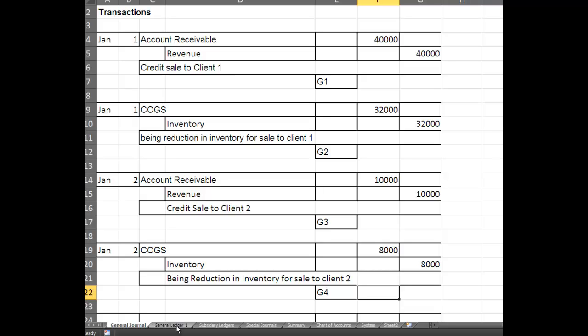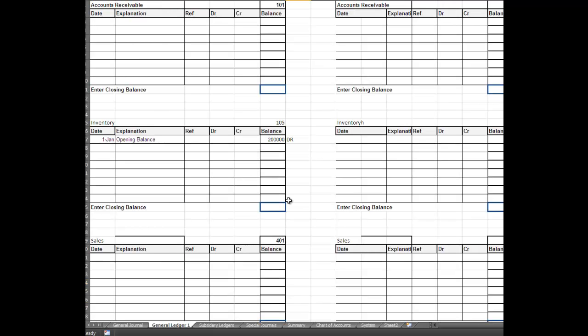So how do we go here? January 1, accounts receivable and revenue 40,000. So we've got 1 January, I'll leave the reference, $40,000 debit, balance is $40,000 as a debit, explanation is sale to client 1, and the reference comes from journal G1, general journal 1.